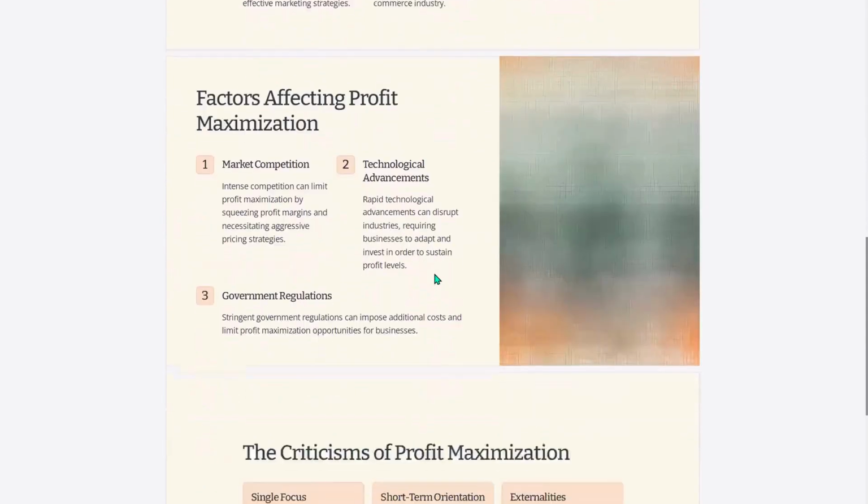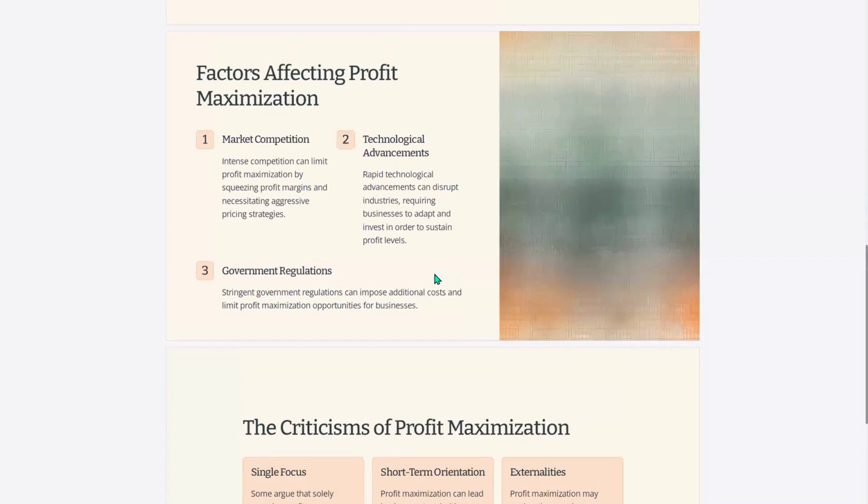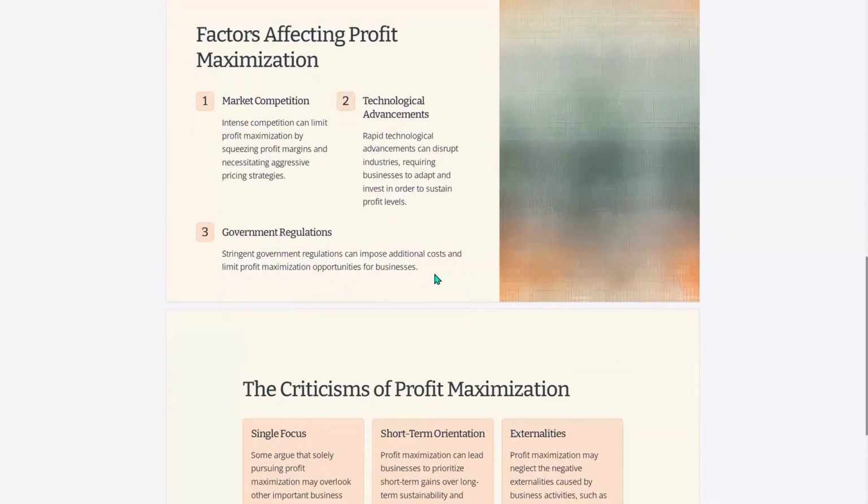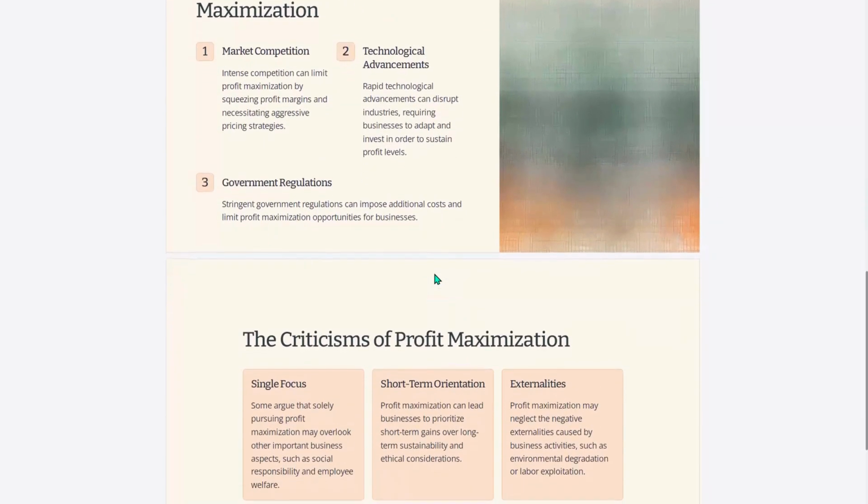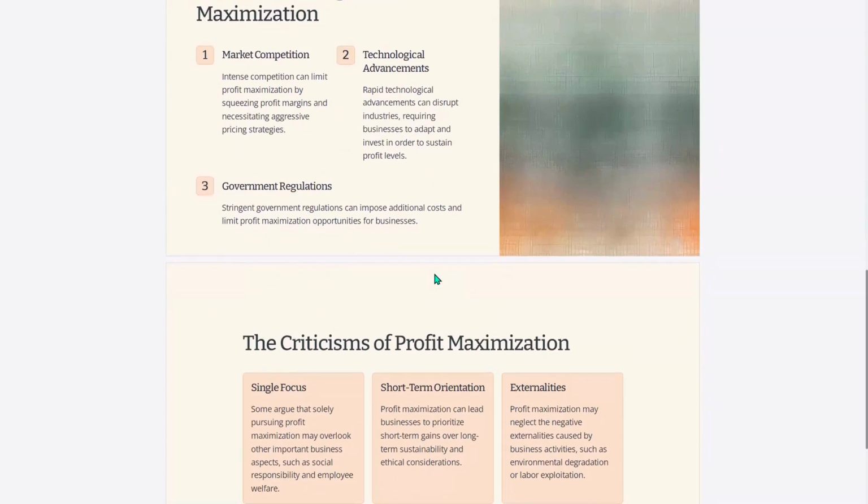There are factors given over here about profit maximization, and also the criticism of profit maximization. Can you just quickly have a glimpse of this? A glimpse of both or just the criticisms? Both. Okay. Factors affecting profit maximization. Competition.